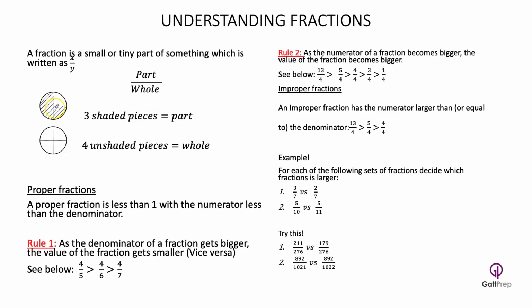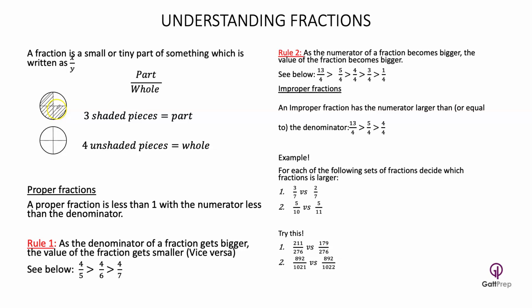So, for example, if we assume that the circle represents a cake, which has been divided into 4 parts, and we say 3 equal pieces go to customer A, and the remaining piece goes to customer B, we ask the question, what fraction will go to customer B?